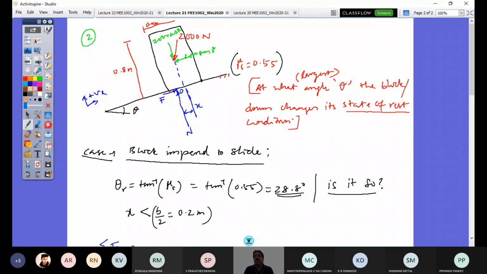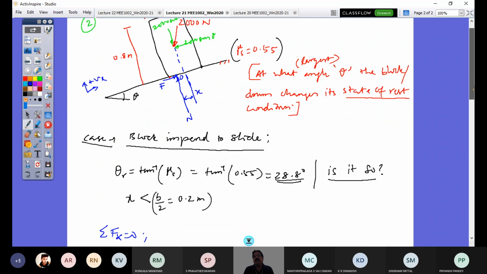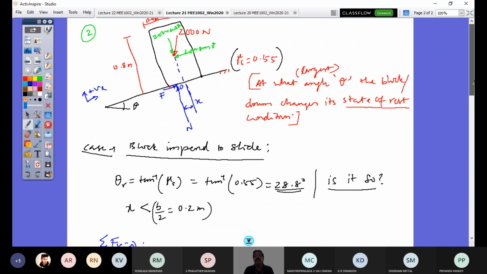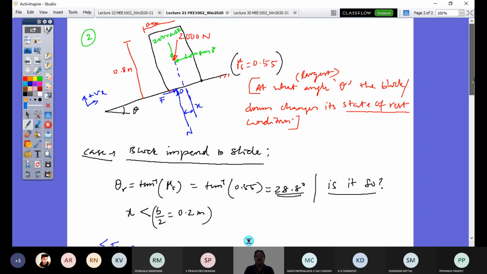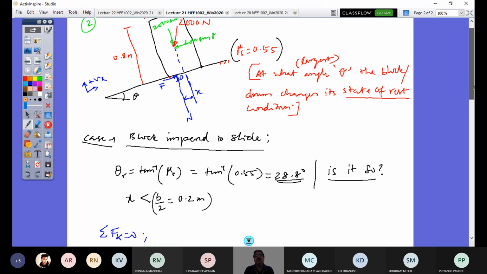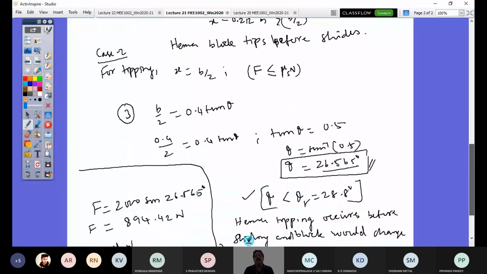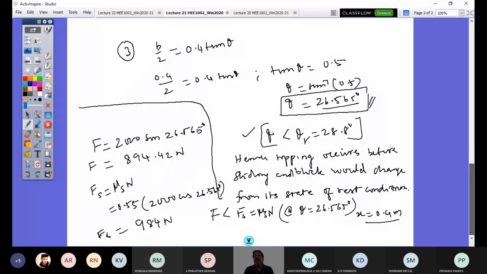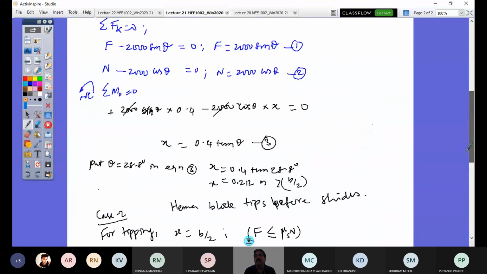We were able to solve this problem. I had also given you something to investigate: in case I give you mu s of 0.1 or 0.2 instead of 0.55 in this problem, the scenario can be different. Then sliding may occur before tipping occurs. So you could have done that and made that understanding as well.